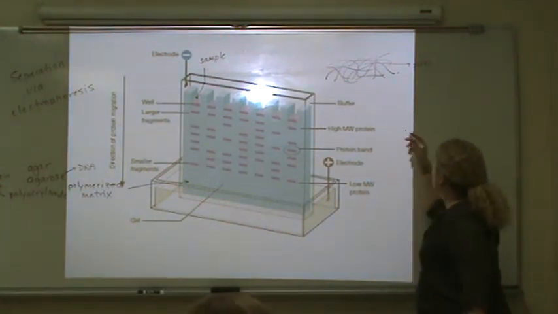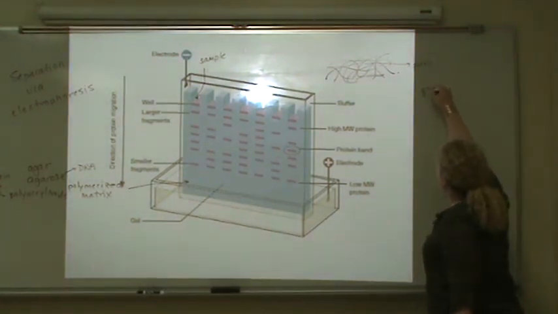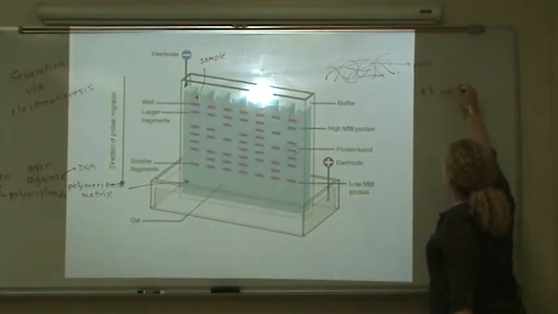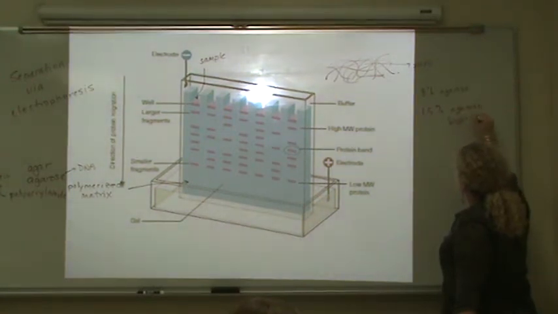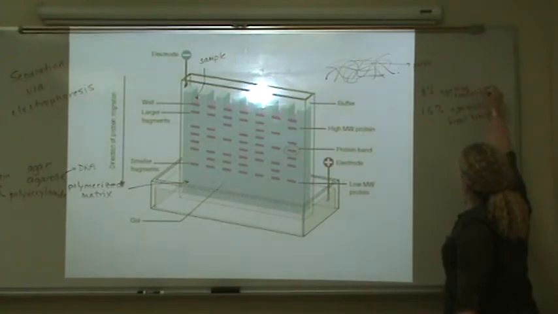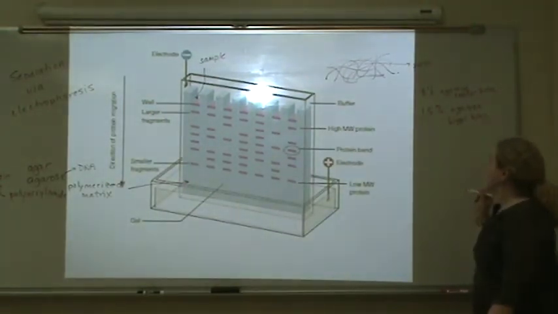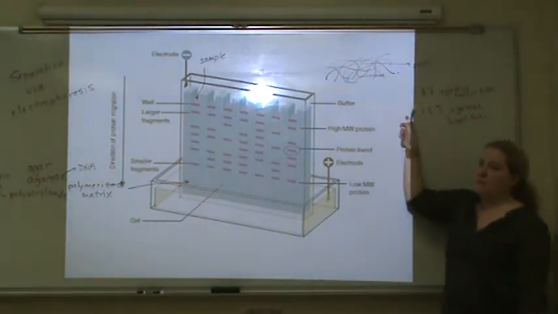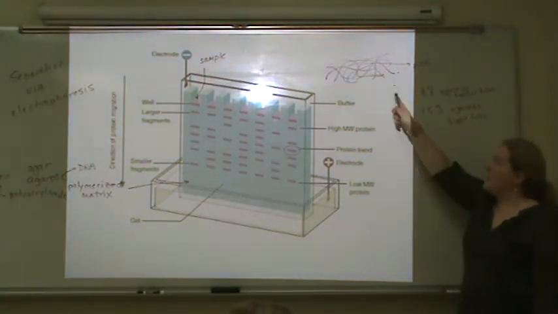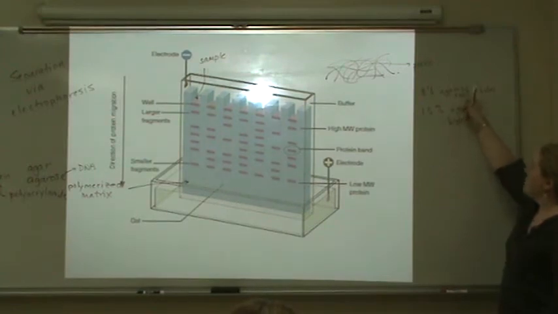So I could make a gel that has 8% agarose, or I could make a gel that is 1.5% agarose. This one has bigger holes. This one has smaller holes, basically because you're packing in more chains when you have more gelling agent. More packed in chains give you smaller holes.